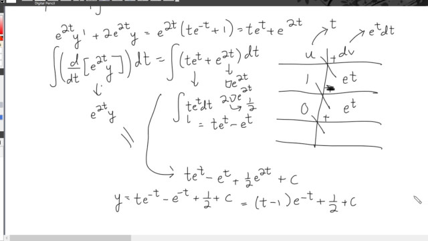And wait, 1/2 plus c. I think I messed up somewhere. Okay, let's see.